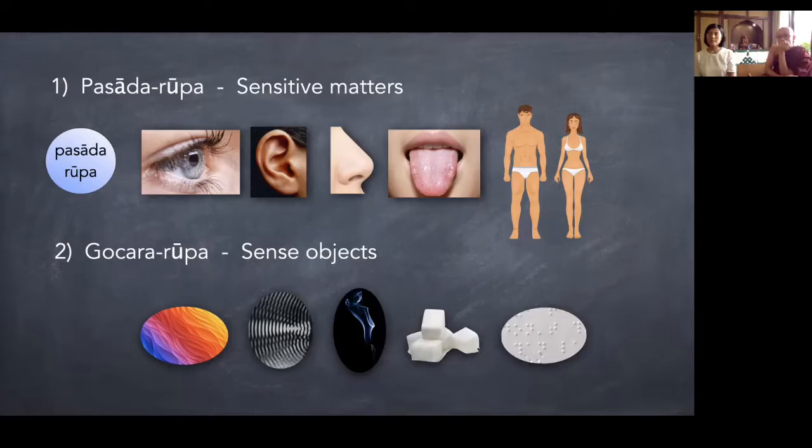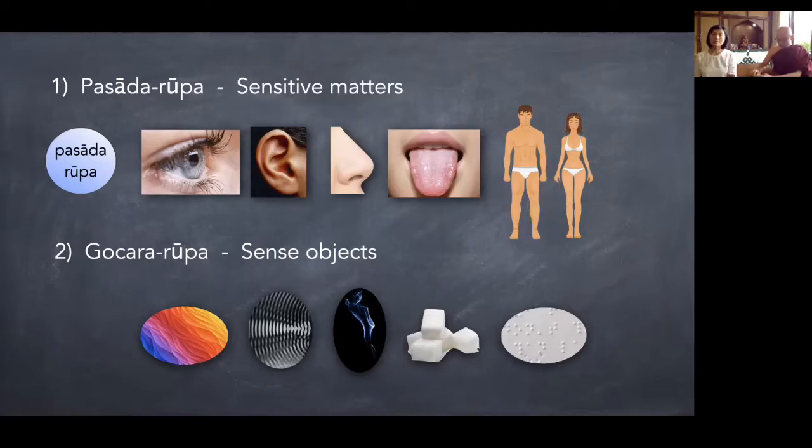And then the second group is called the Gocara-rupa, which are actually the sense objects. We did a brief introduction to these two groups last time, and then we saw a little bit more in detail about eye sensitivity and its object, which is rupa, also called vanna, which is color or form.